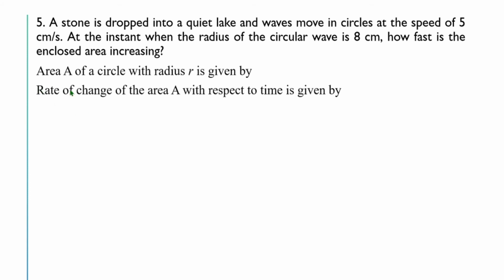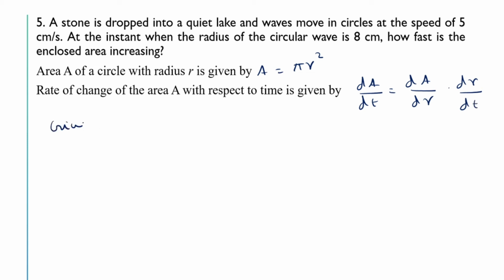The area of a circle with radius r is given by A equal to πr². Then the rate of change of area with respect to time is dA/dt, which is equal to dA/dr into dr/dt.